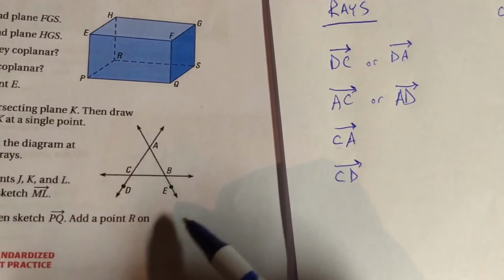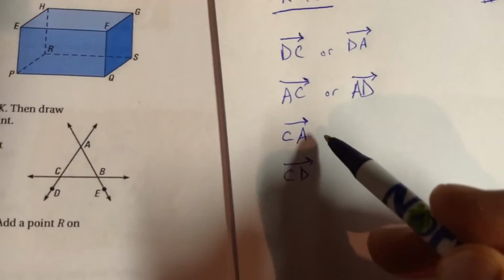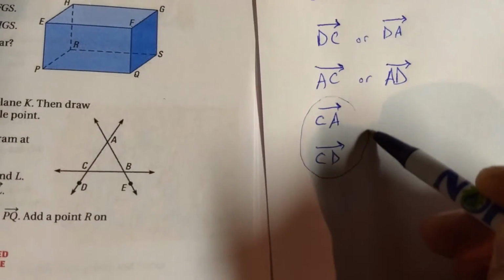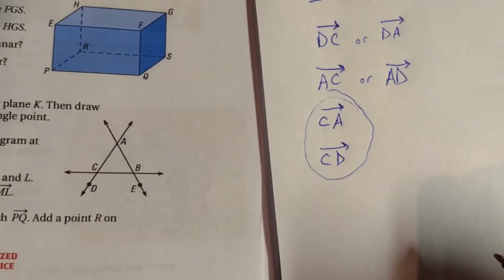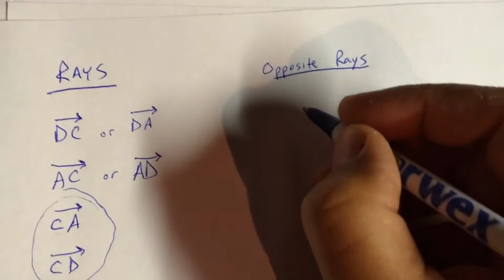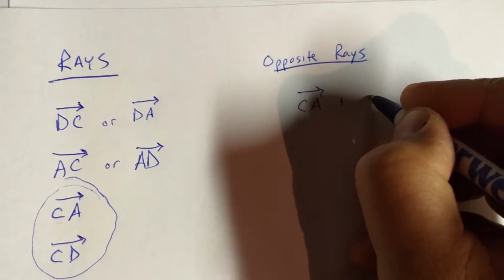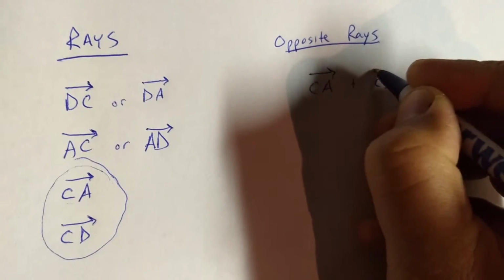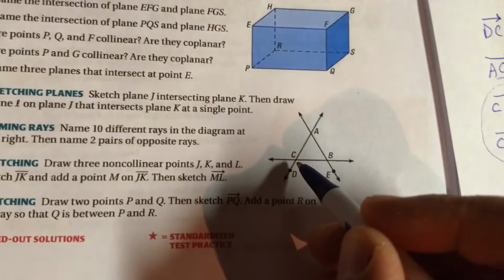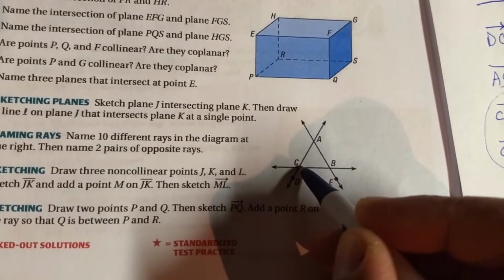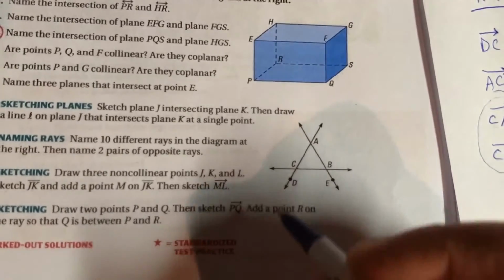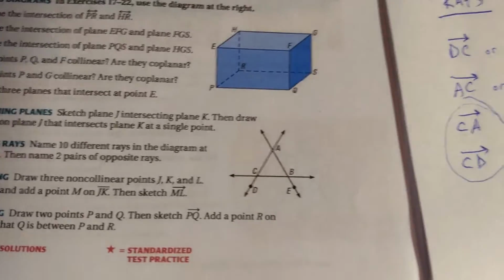And we're going to see there's more if we look at the other lines. But just stopping right there, these two, I'm going to circle those. Those are opposite rays. If you want to label them separately over here, CA and CD are opposite rays. Because remember, an opposite ray just means they start at the same vertex and they travel in opposite directions along the same line. Okay, so those two are opposite rays.